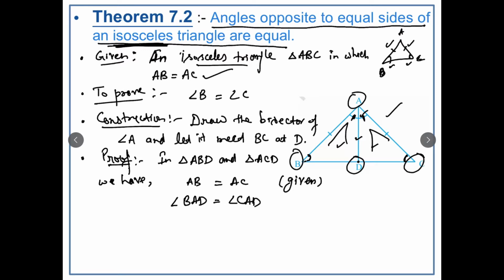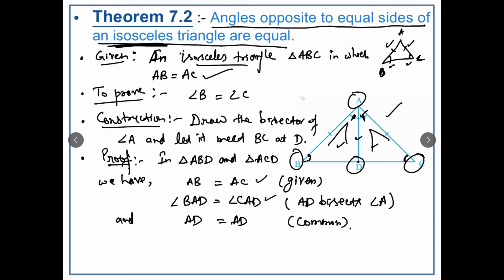They are equal by construction because AD bisects angle A. And side AD is common to both triangles, therefore AD is equal to AD. The reason is that AD is common to both triangles. So what we got here is one side, one included angle, and another side. We got two sides and their included angle, that is SAS.